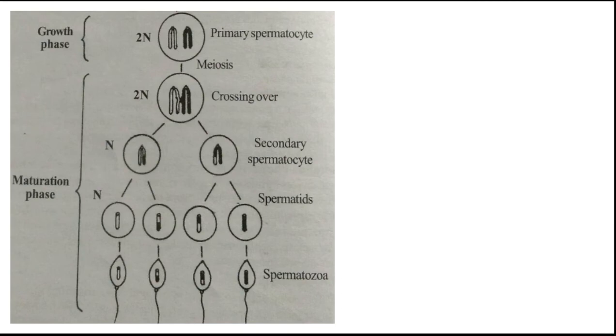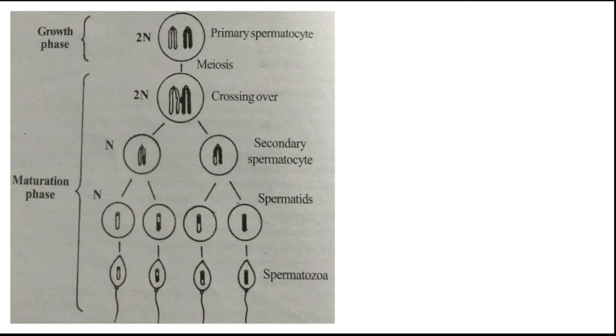Next in the formation of spermatid is the maturation phase. The primary spermatocytes enter the maturation phase, where each cell divides meiotically. Meiosis consists of two divisions.